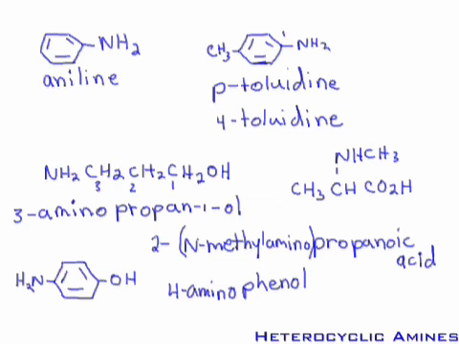Now, amines can find themselves actually in the ring structure. We can draw a series of amines where the nitrogen is actually inside the ring itself. For example, we could have a nitrogen in a 5-membered ring. Now, when you have nitrogen in a ring like this, these are referred to as heterocyclic rings. They're called heterocyclic when one or more atoms in the ring are not carbon.